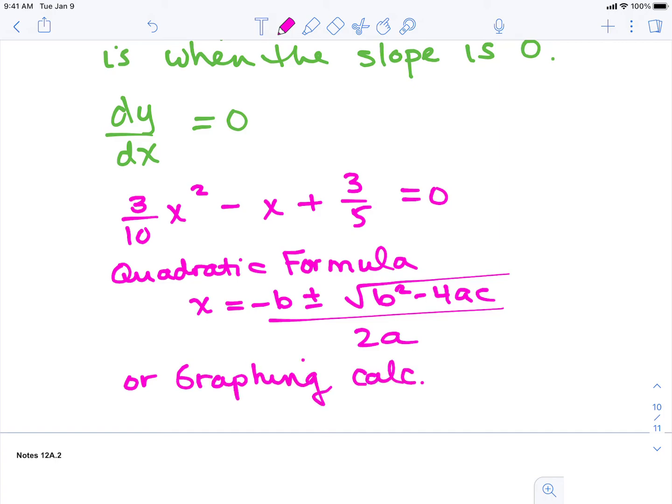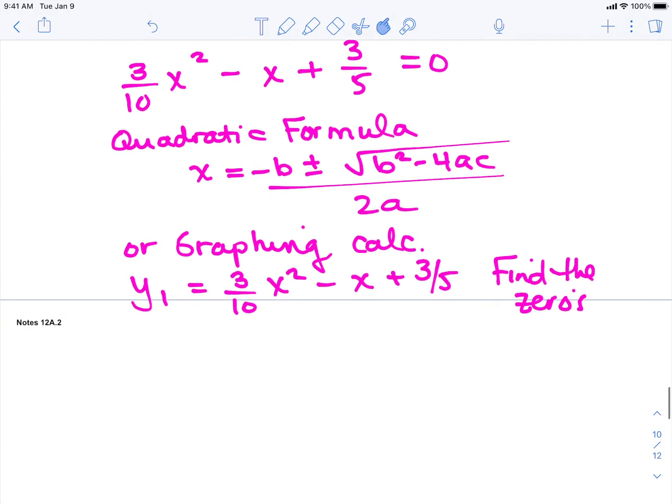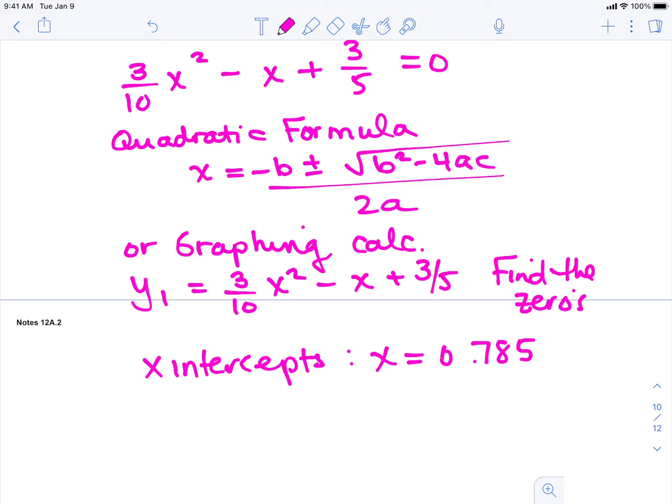We can substitute this equation into our graphing calculator and find the zeros where it crosses the x-axis. Those are your x-intercepts. When you're done, you get 2 answers: x equals about 0.785 or 2.55.